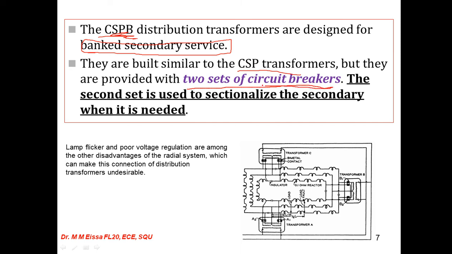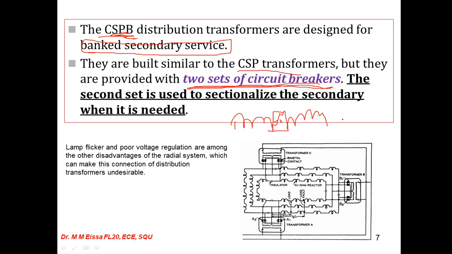Actually, two sets of circuit breakers connected in the winding. The second set is used to sectionalize the secondary when it is needed. So we have like banking. We have mainly a secondary winding, and I have another secondary winding, and there are breakers in between.